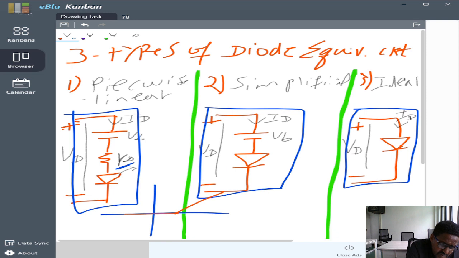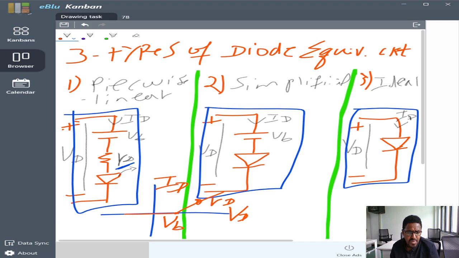This point is the threshold voltage or barrier potential, and at this point we can get the dynamic resistance. Dynamic resistance is equal to 1 over slope. Slope is equal to tan theta, that means perpendicular over the base. This perpendicular represents the ID and the x-axis represents the VD. So RD is equal to VD over ID because R is equal to 1 over slope.